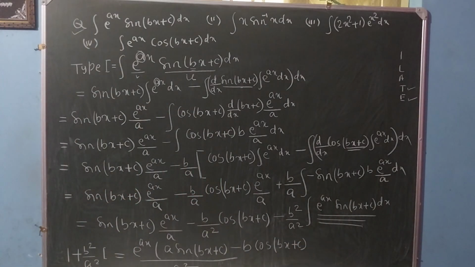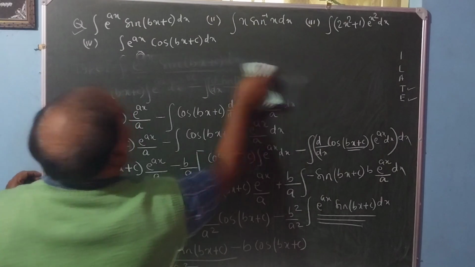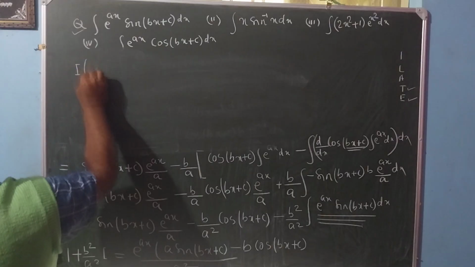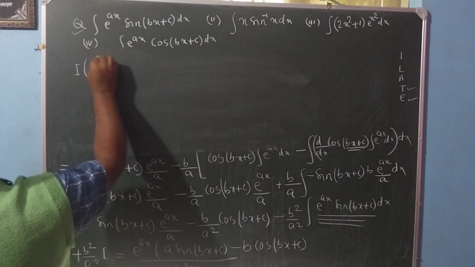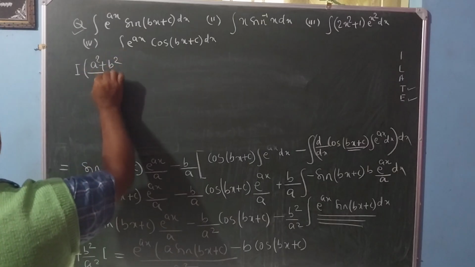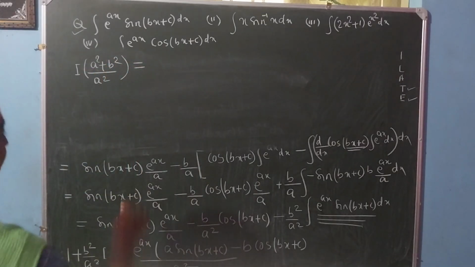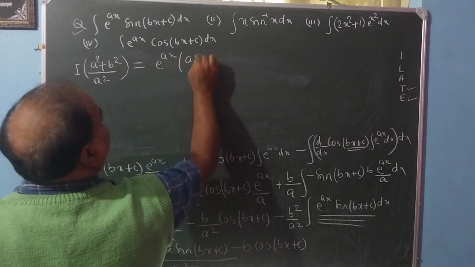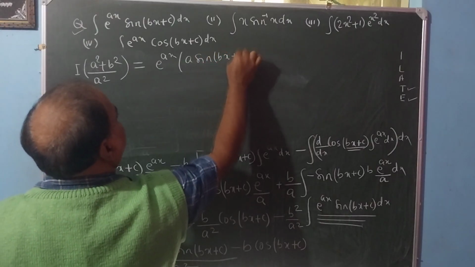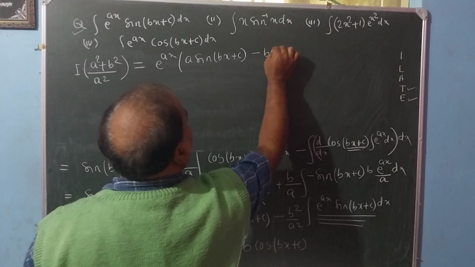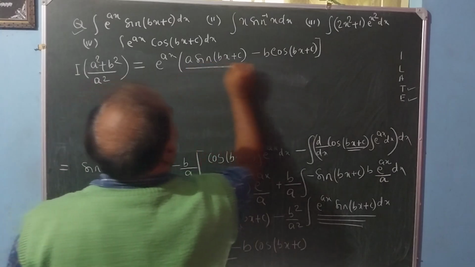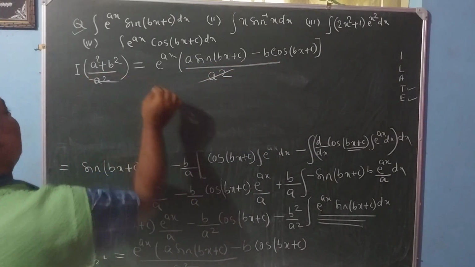Here I is taken common, so we get, taking LCM, a square plus b square by a square into I, equal to e to the power ax times a sin(bx plus c) minus b cos(bx plus c), divided by a square. This a square cancels.